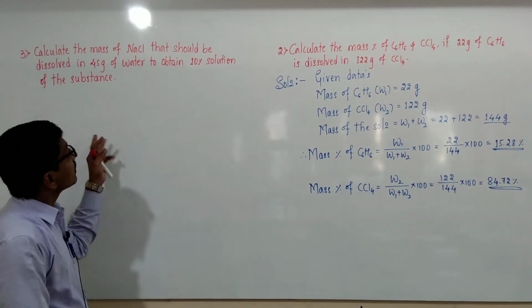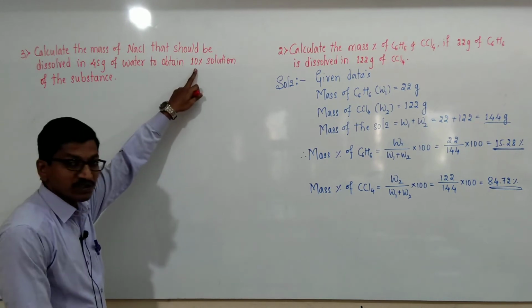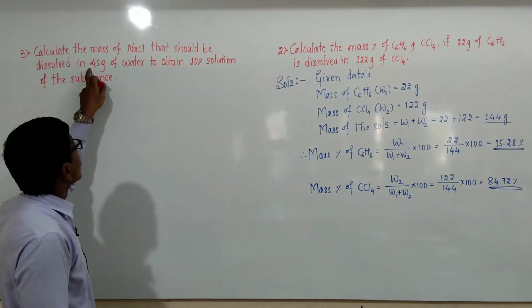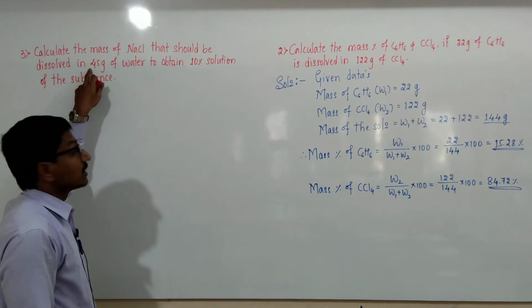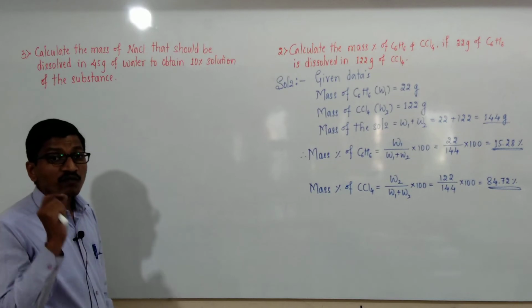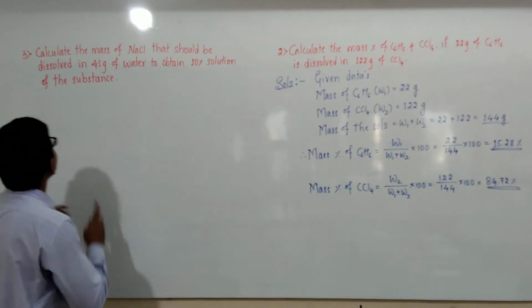But here they give the mass percentage of NaCl solution, that is 10%, and mass of solvent, that is water, is given 45 gram, and we have to calculate mass of NaCl.